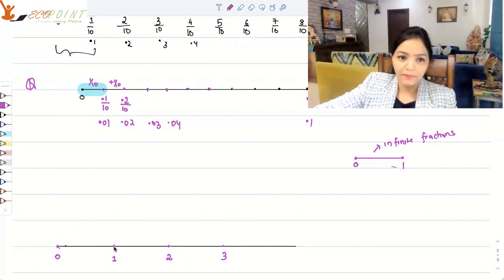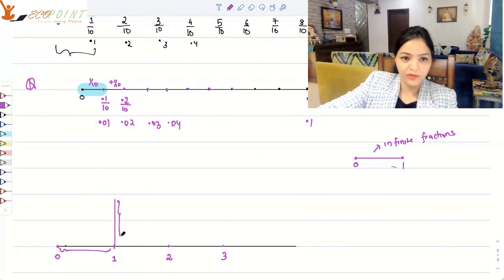Now, if I pick from this point 1 and I take exactly this distance up here in the space, almost exactly equal, I'm going to call this also 1 unit up. And then I join this point and this point.